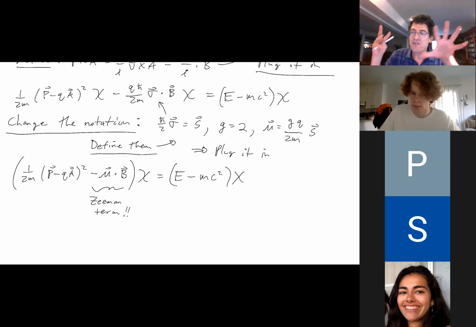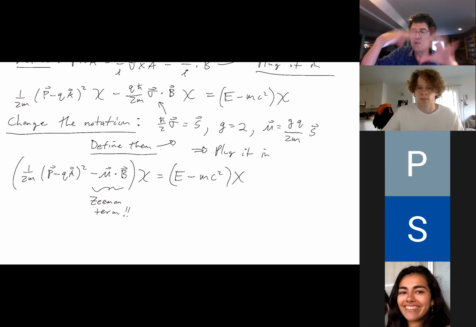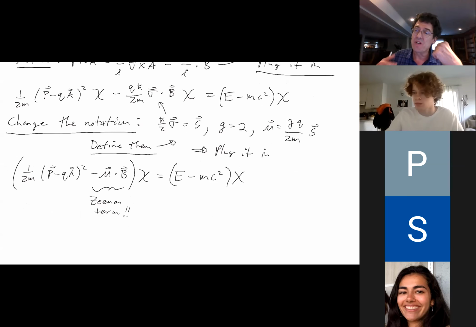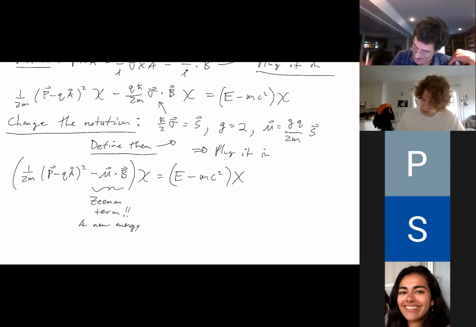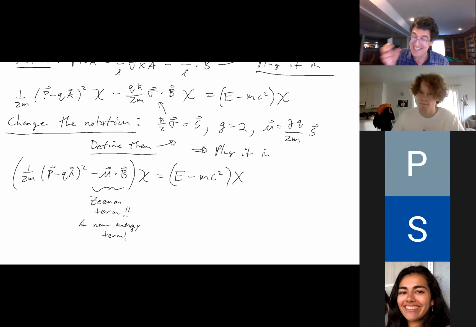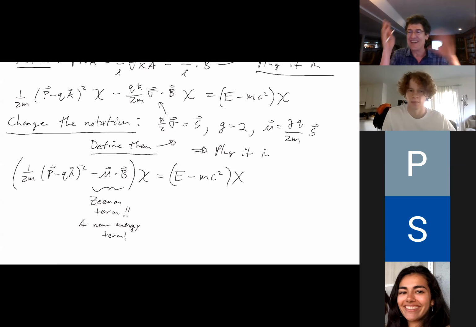By going through the math, you realize that if you rearrange the Hamiltonian, the Dirac equation in the magnetic field gives you a new energy term, which is mu dot B. It's a new term in the Hamiltonian that you've seen before, but never derived. You're like, wait, how'd that happen?